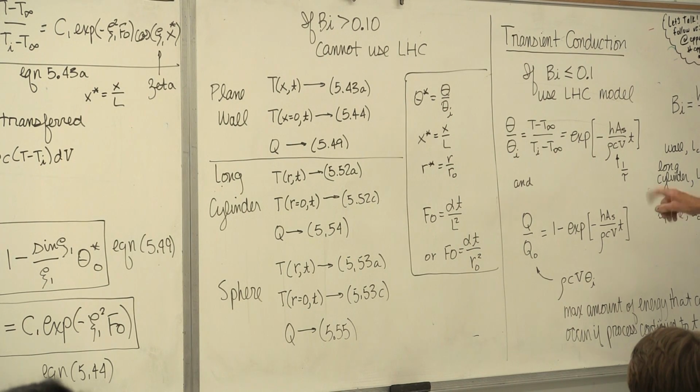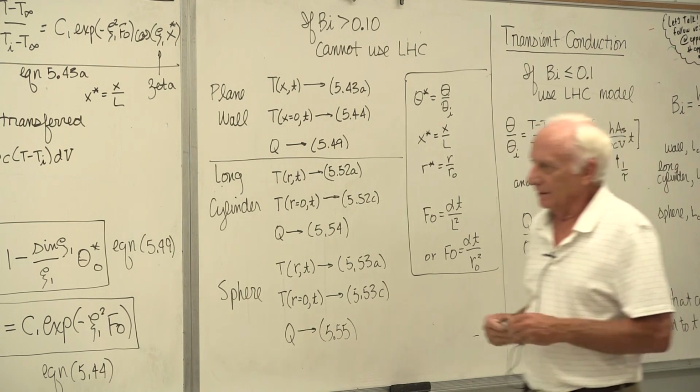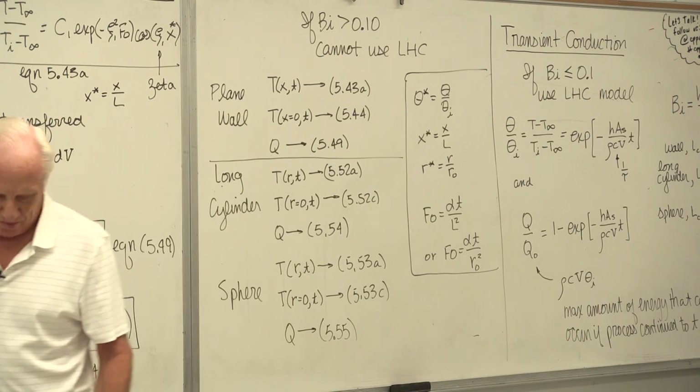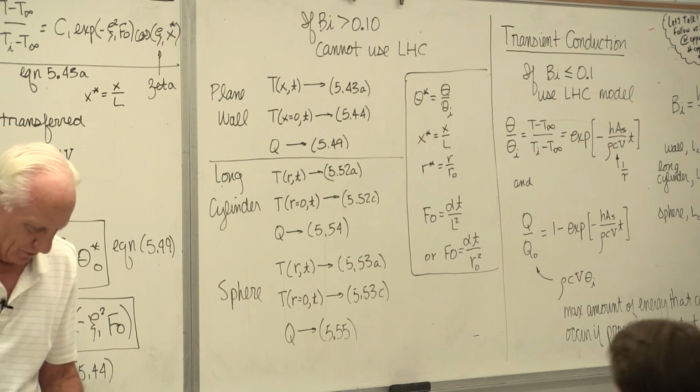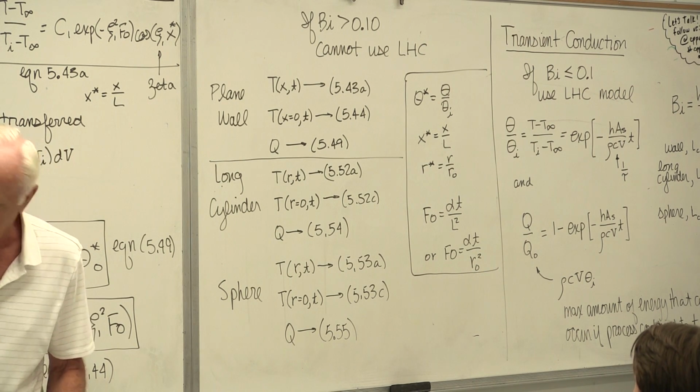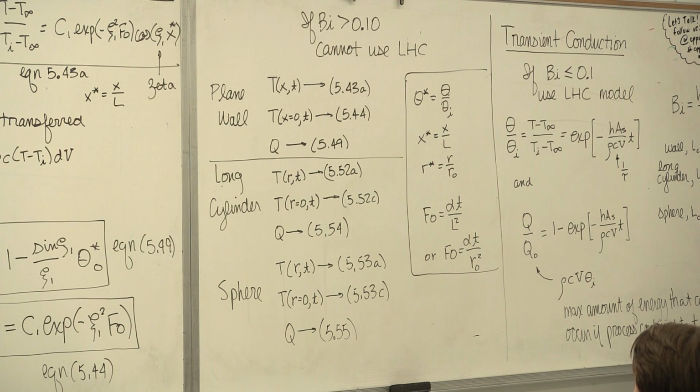Over here, only 2 equations. Lumped capacity. Okay. What's the difference in these two guys? I'm going to do 2 pictures for you, show you a difference in those 2 on that panel over there.